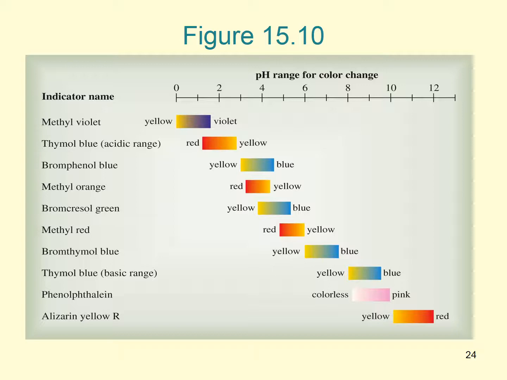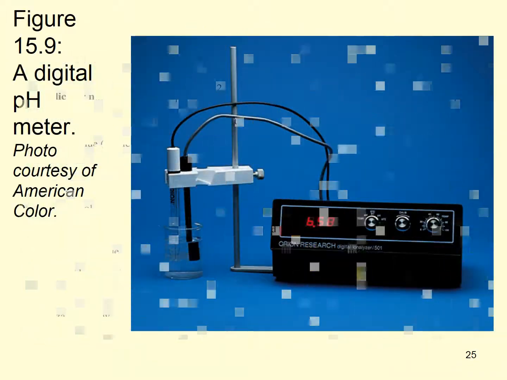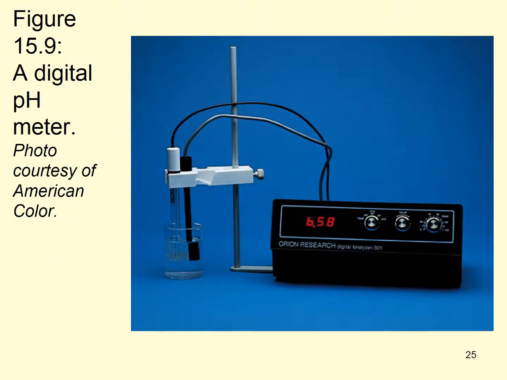You may have already used phenolphthalein, which turns from colorless to pink at around a pH a little above 8. Bromothymol blue changes from yellow to blue right around pH 7. Those are the most common indicators that we use. So there's a picture of a pH meter. If you haven't already, you'll get to use one in lab.